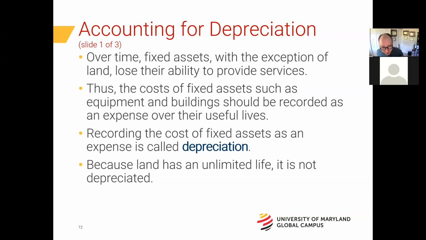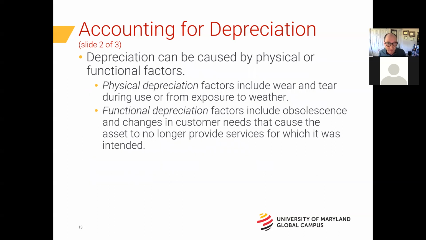The only thing that does not depreciate is land. The physical dirt that you're currently standing on does not lose its useful life that we're aware of from an accounting perspective. So we do this thing called depreciation. In the process of depreciating, we are accounting for the loss of usefulness.